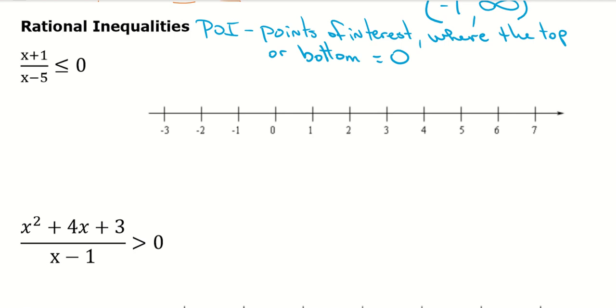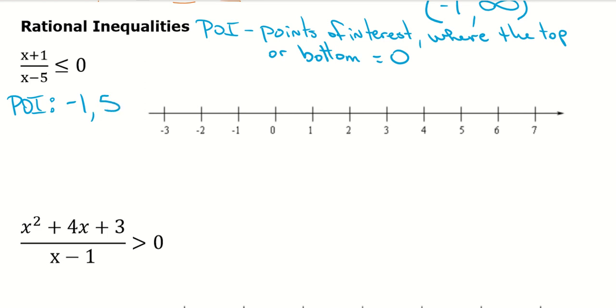So keeping that in mind, we're going to look at this, and so we have x plus 1. Our points of interest, our POI, for this equation, for the numerator, that'll be a negative 1, and for our denominator will be a positive 5.